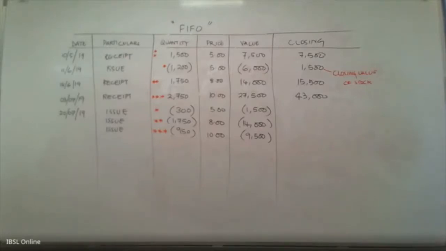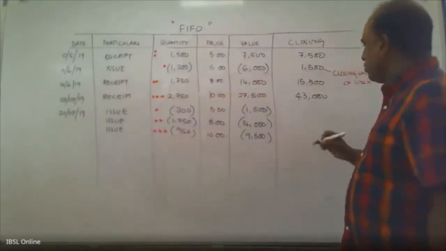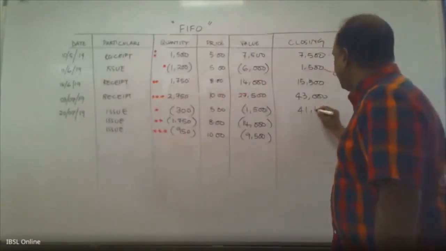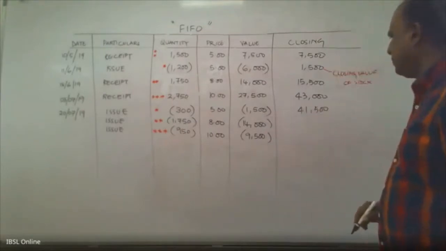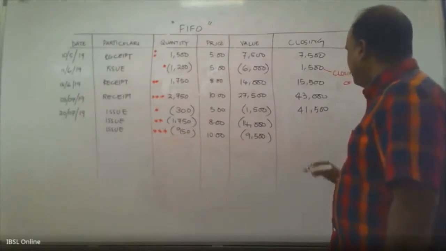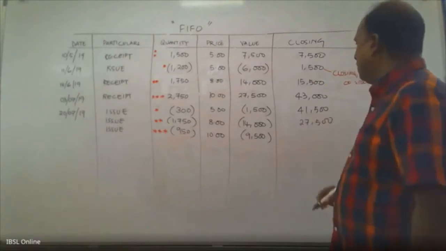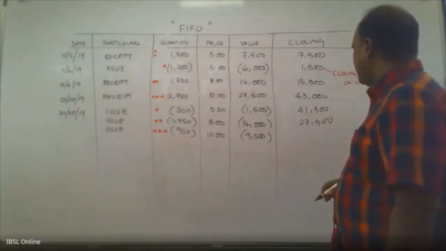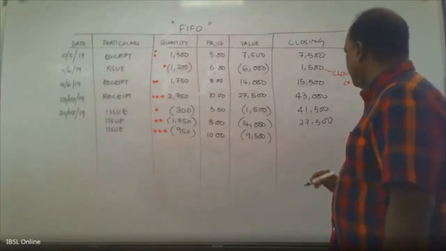Is that correct? So 43,000 minus 1,500 is 41,500. 41,500 minus 14,000, how much is that? 27,500. 27,500 minus 9,500 is 18,000.